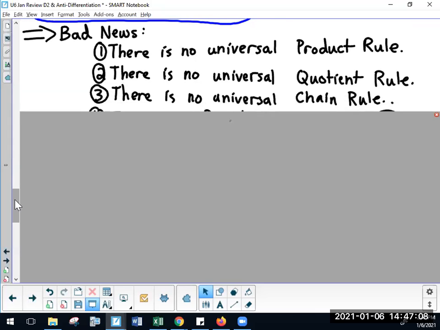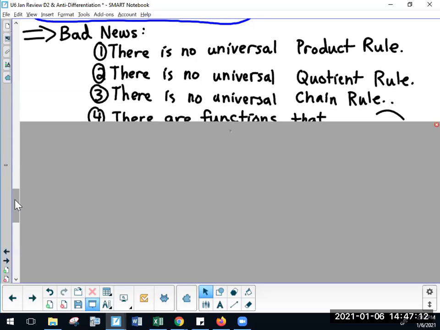The third piece of bad news, pour one out here, sad face, no mother of all antiderivative rules. Yeah, there's no chain rule antiderivative. Can't do it. There are many techniques that allow us to, in certain situations, go backwards on the chain rule.